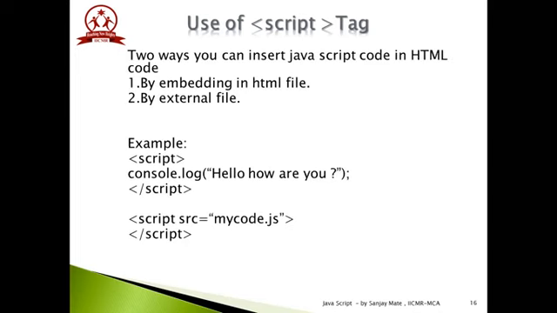There are two ways you can include your JavaScript code into the HTML file. One is embedding directly into the script tag: whatever variables you want to declare, or the for loop or do while, you can directly write into that script tag. Here I have written console.log, directly using JavaScript instructions in the script tag.